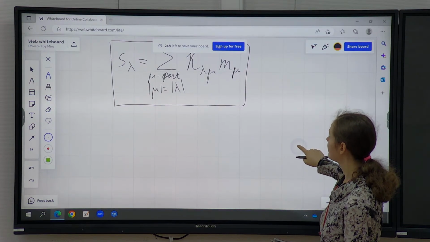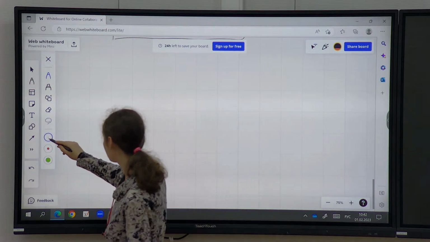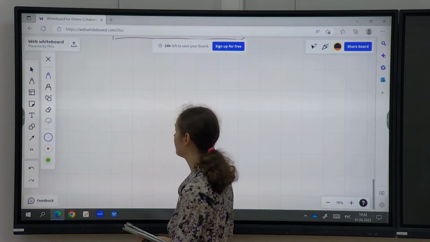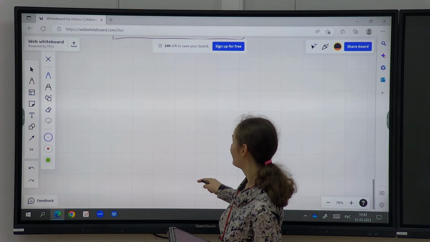To prove this, let's first learn about the other way to represent Young tableaus.